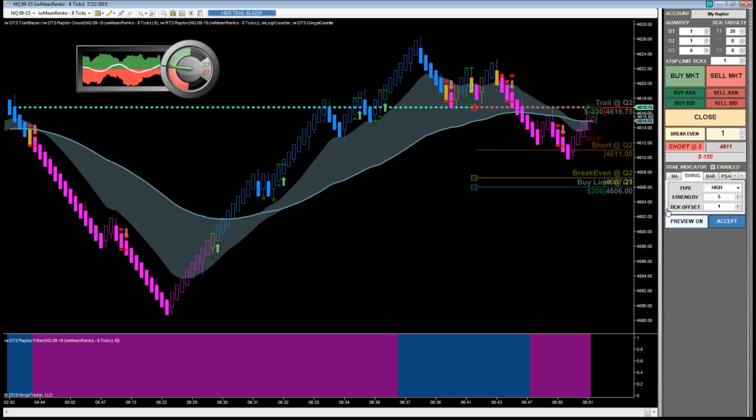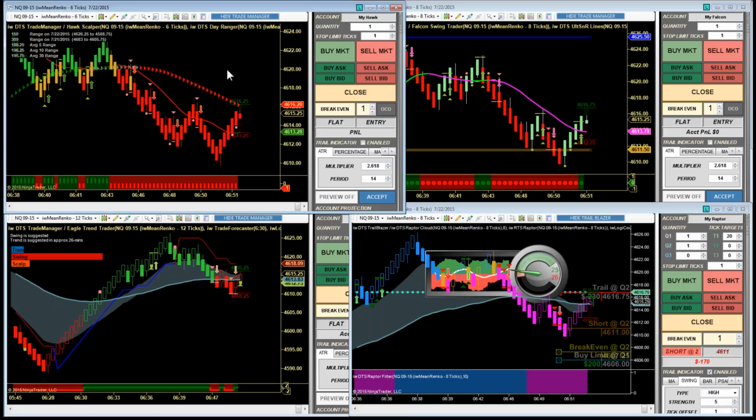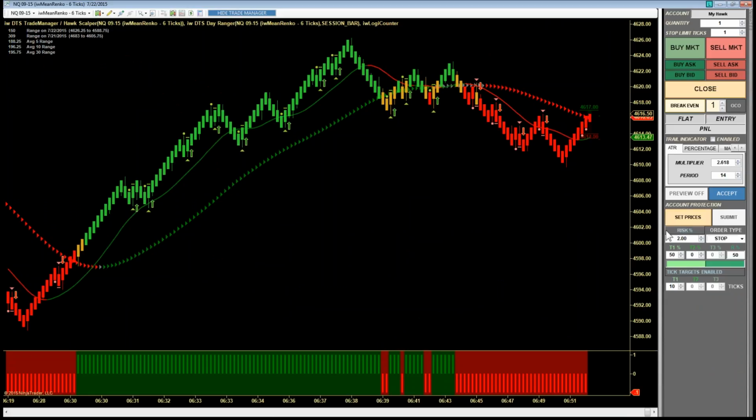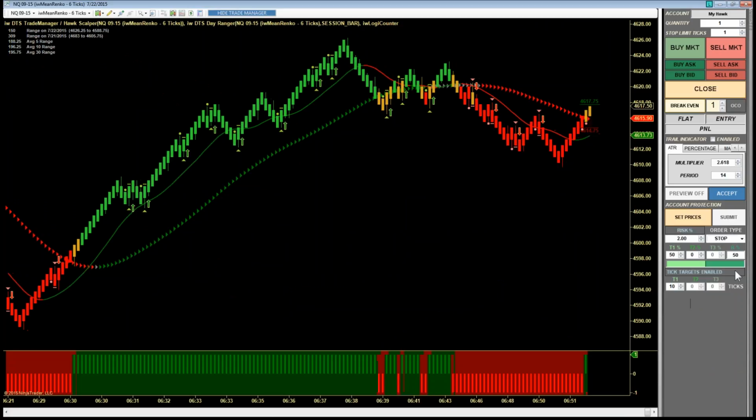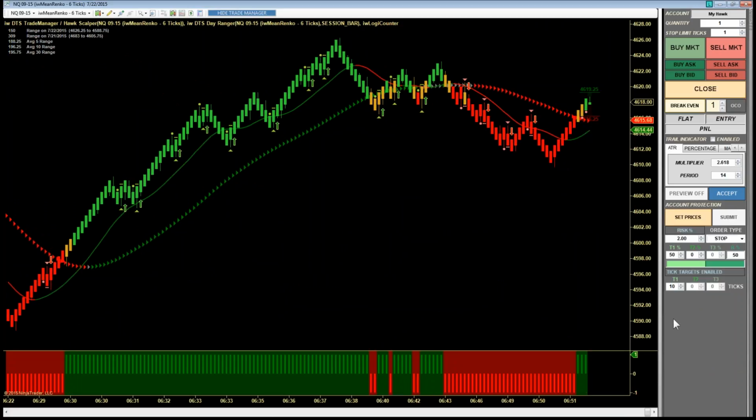The principal difference between the Trailblazer and the Trade Manager is that there's no risk component down here. You're going to notice here on, let's say, the Hawk, that we have this whole risk component down here.